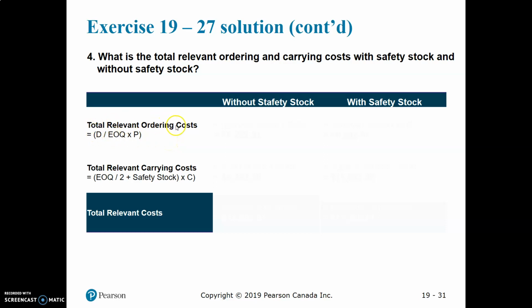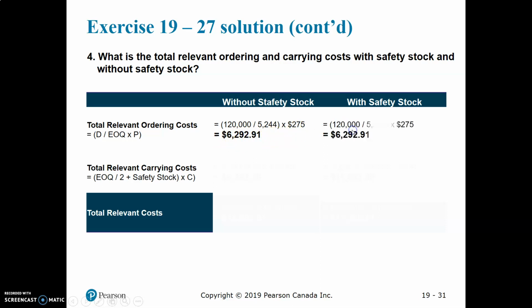The formula for total relevant ordering cost is demand over economic order quantity times the purchasing cost. For without safety stock, basically we know that the demand is 120,000 pairs of shoes divided by the solution from question number 1 for EOQ, which is 5,244 pairs of shoes, times our P of $275, which gives us $6,292.91.